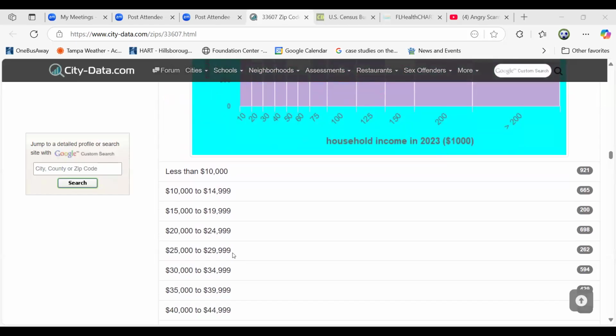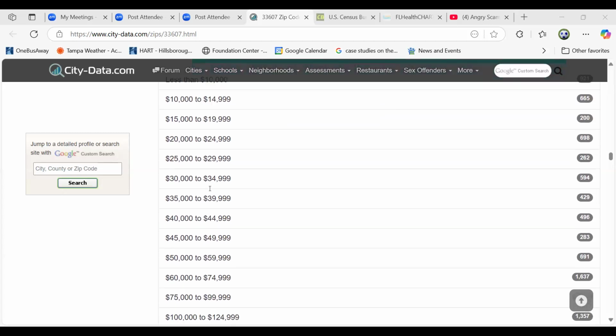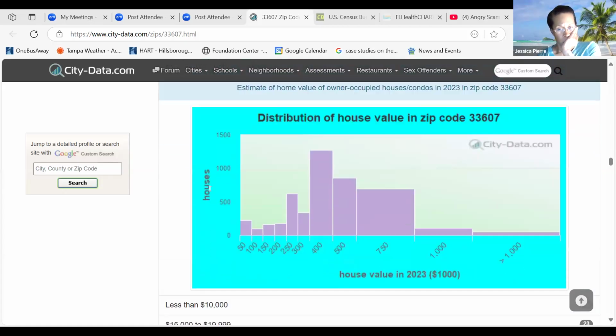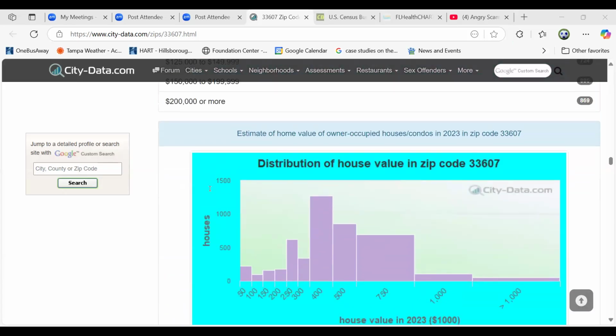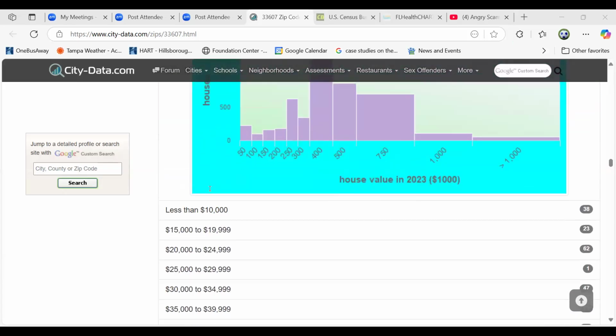If you're not making 29,000 or more, you're in real trouble. So we know this neighborhood is in real trouble. When we look at the money that's being made between 10 and 14, 15 and 19, up to 20 to 24, we know there is a major problem in this neighborhood. Okay, let's go on. Let's continue on with the distribution of house value.